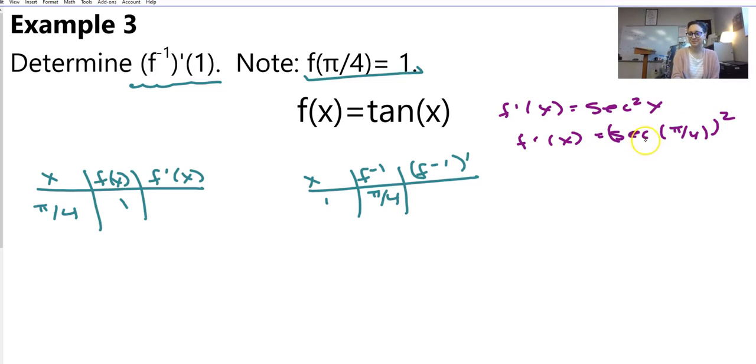So secant is the reciprocal of what? Reciprocal of cosine. So I'm going to find cosine of pi over 4, which is root 2 over 2, and then flip it. So that would be 2 over root 2. That would be secant. Now I still need to square that. So squaring that gives me 4 over 2, which is 2, right? So 2 comes here. So my final answer is 1/2.